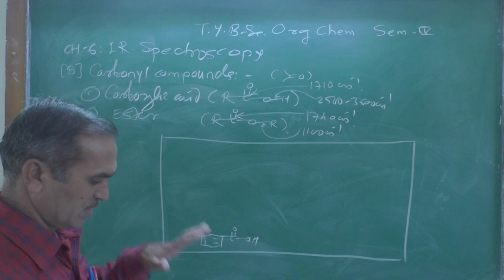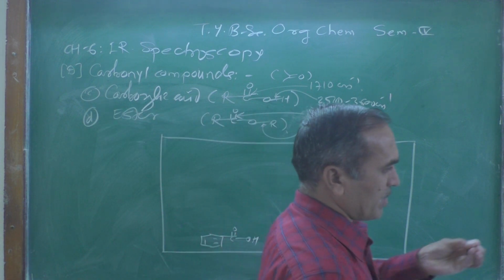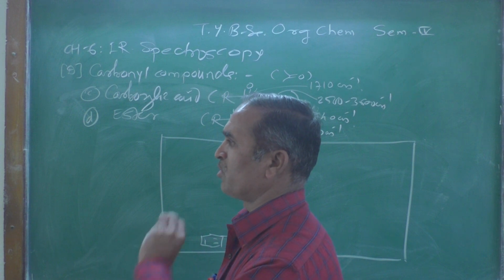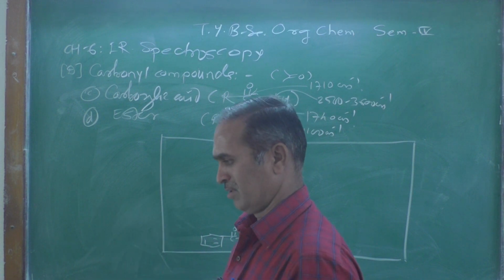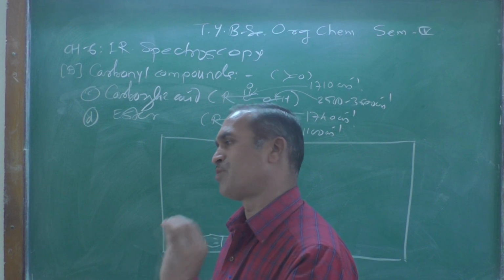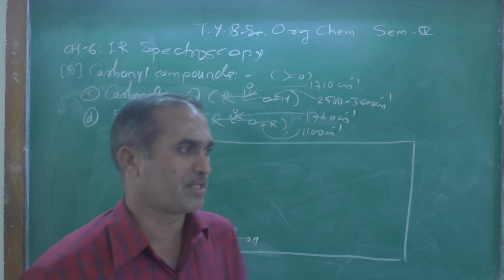Normally if conjugation is present, generally the carbonyl group or whatever IR absorption peaks decrease.